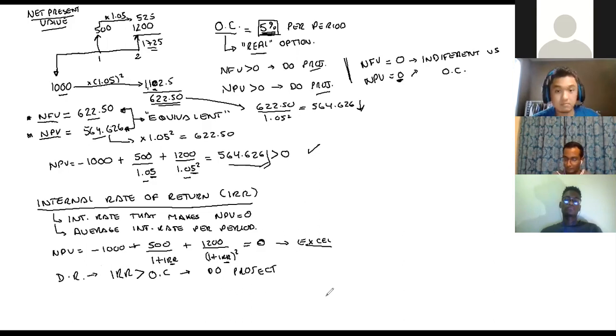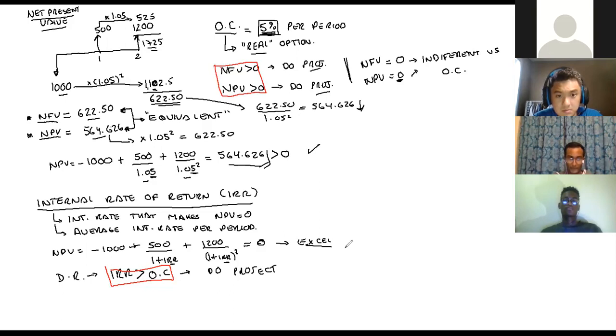So this is going to be our decision rule. If my internal rate of return is larger than my opportunity cost, I do the project. And these are my decision rules when I have the net future value.